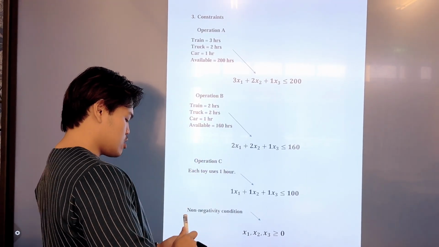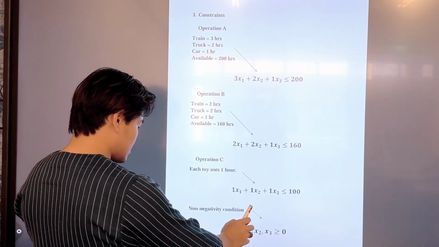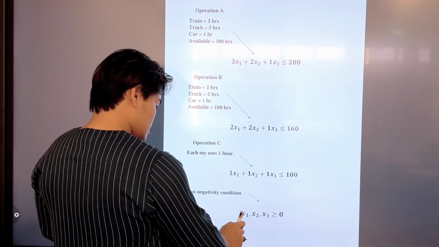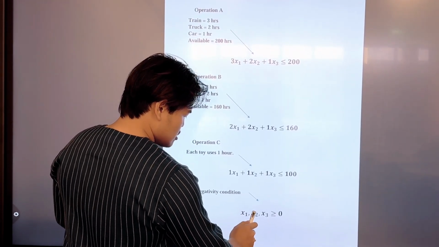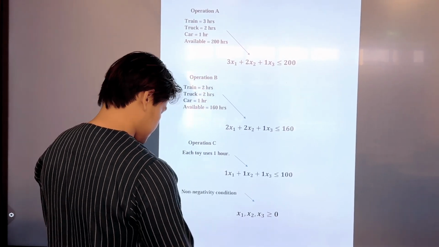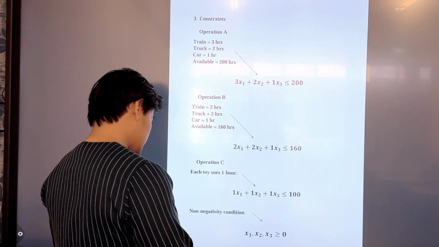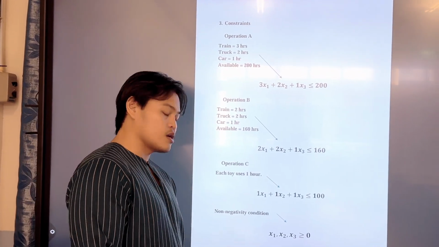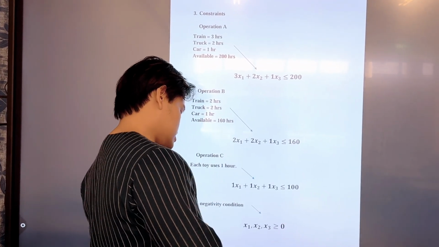Lastly, we include the standard non-negativity condition: X1, X2, and X3 are greater than or equal to 0. This implies we cannot manufacture a negative number of physical toys.